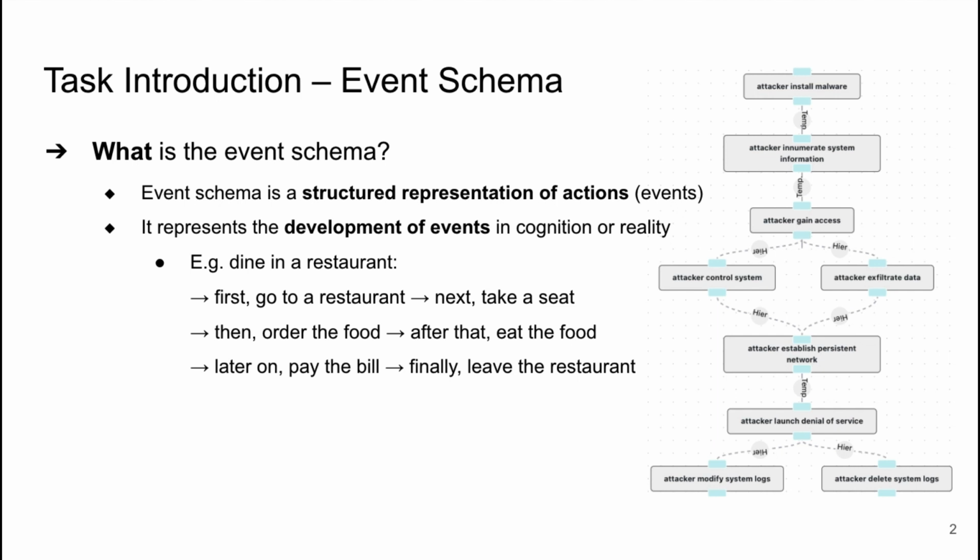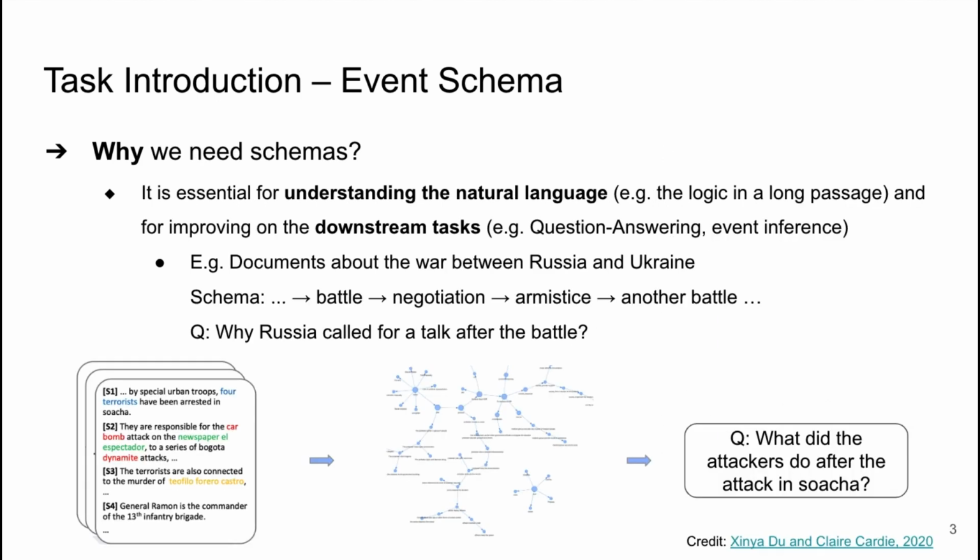This is a straightforward schema, but schemas can be more complicated than a single sequence. It can incorporate concurrent relation and hierarchical structures, as we show in the right graph. Schemas are very important to understand long documents and to improve the performance on downstream tasks, such as reasoning on the events.